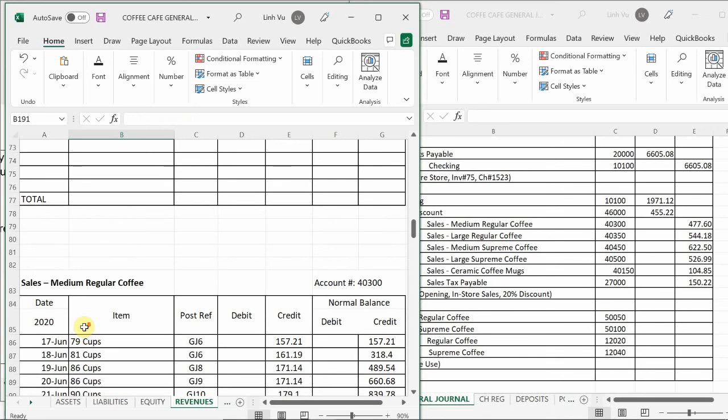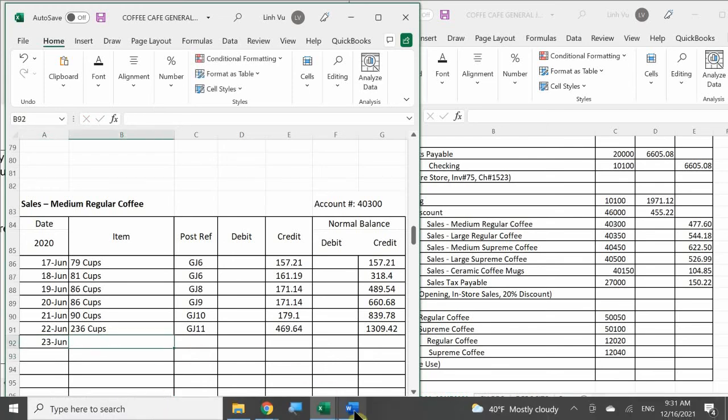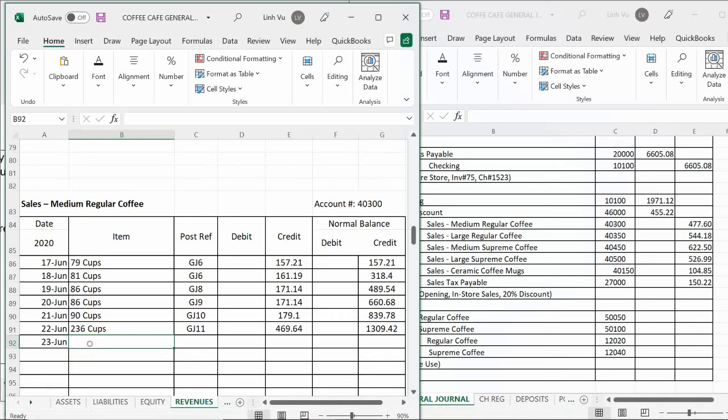Sales, medium or regular coffee. How many cups did you sell? 240 cups, for 477.60. Grand total 1787.02. Good.